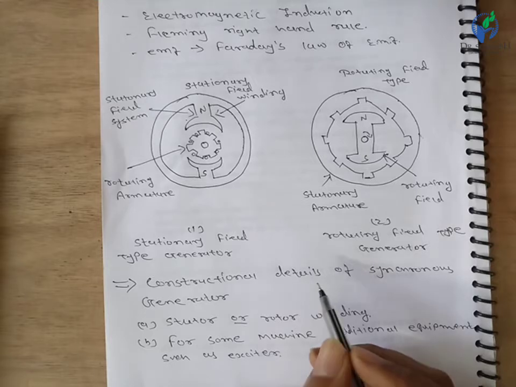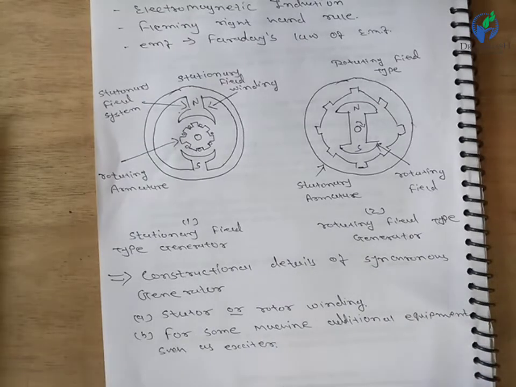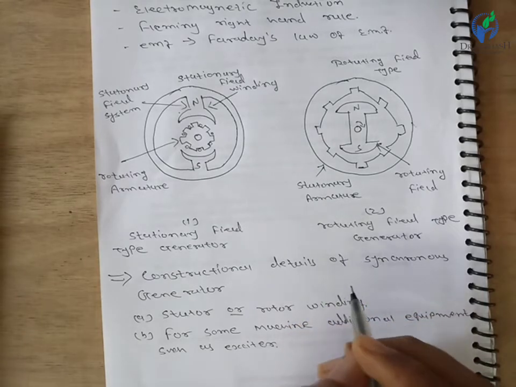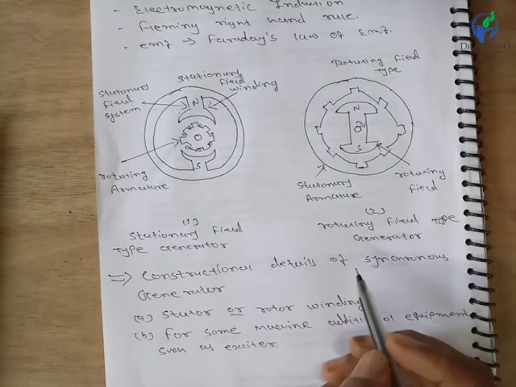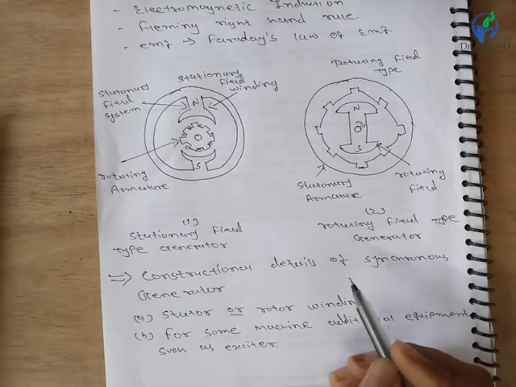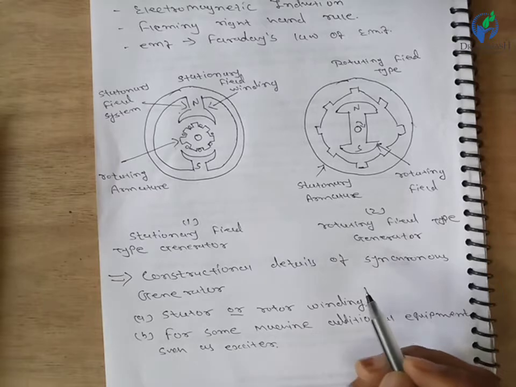The low speed alternator driven by water wheels or IC engines has a large diameter rotor, vertically mounted. For a small capacity machine, the mounting is horizontal, also with a stationary field system.